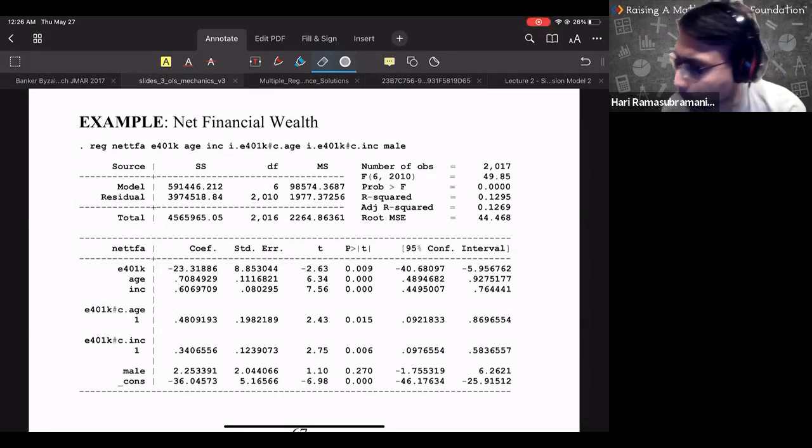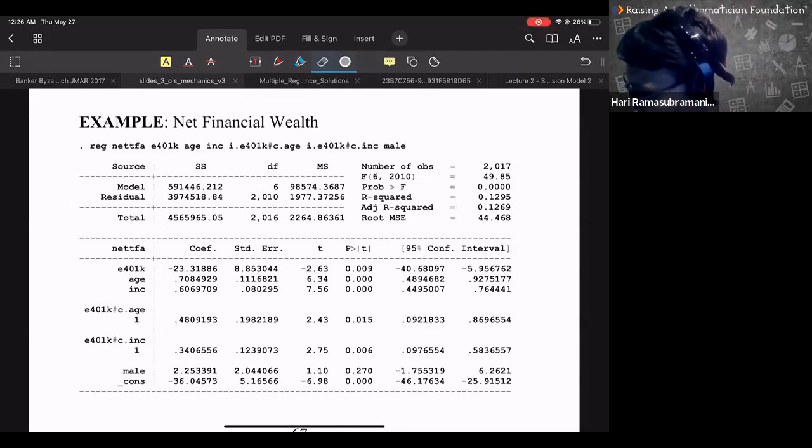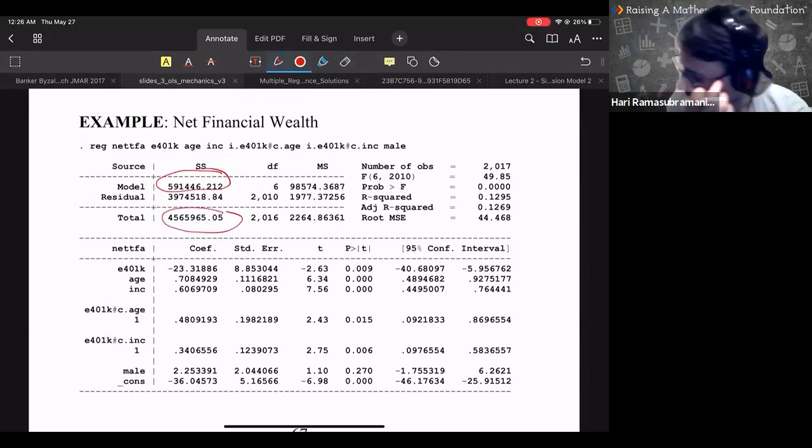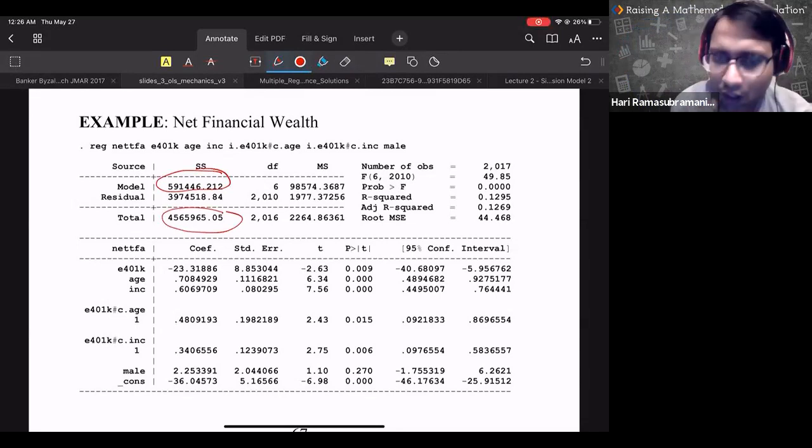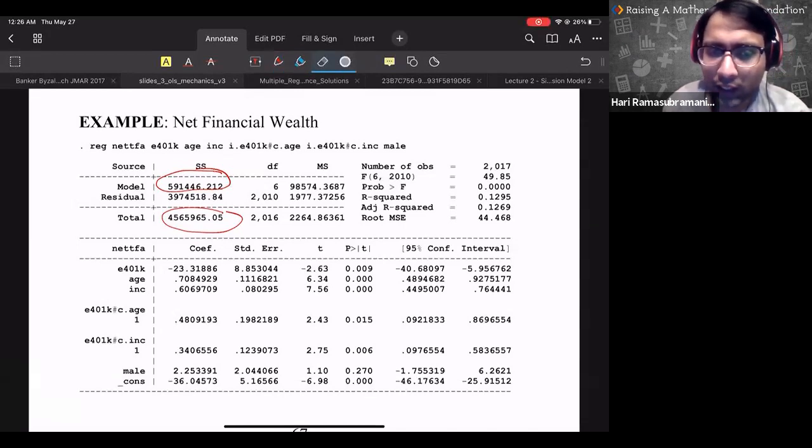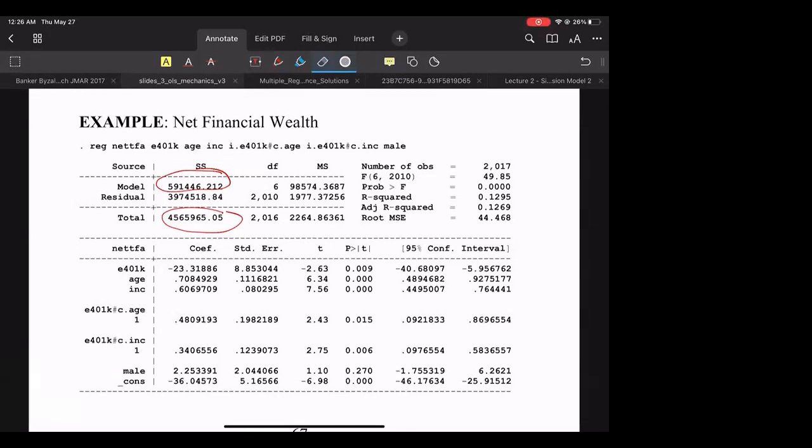Okay. Can somebody calculate this? This divided by this number, divided by this number. $591,446.212. 0.1295.